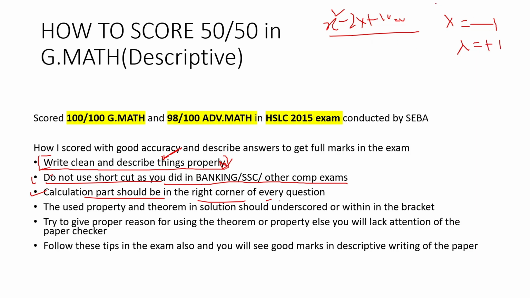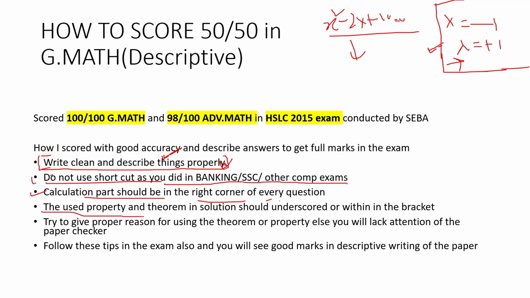You have to write all this in the right corner of the paper, not here. It just signifies your discipline about your strategies, how you write down things properly in the examination. So this is an important thing to notice here.